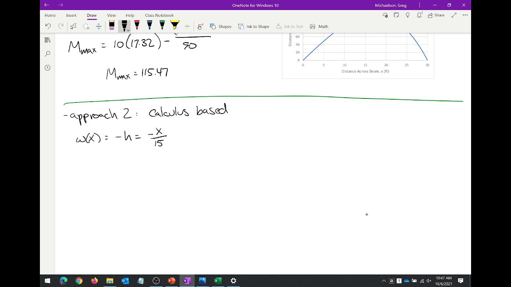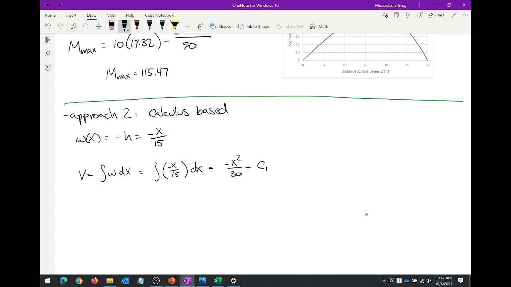Didn't we say that? So watch this. I propose that v is the integral of that, which is the integral of negative x over 15. What is the integral of negative x over 15? That's right. Negative x squared over 30 plus c. I'm going to call this C1 because we're going to have a C2 here in a little bit.